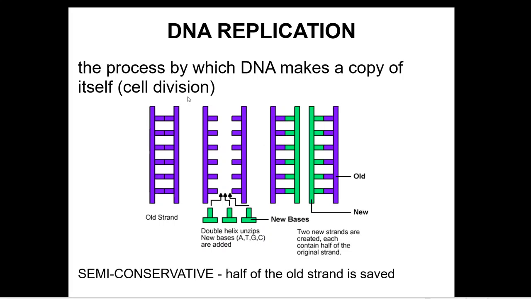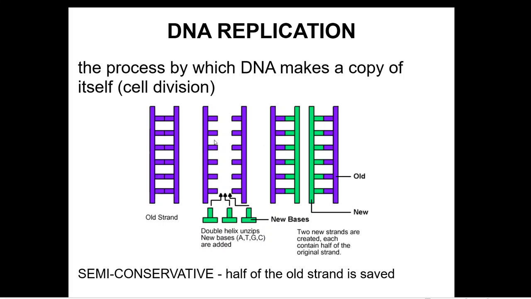We don't have a copy machine inside our body. So what it does is you have your old strand, and there are different enzymes, which you'll learn about in AP biology or up in college, that come in and basically unzip it. So they separate those bases, okay?